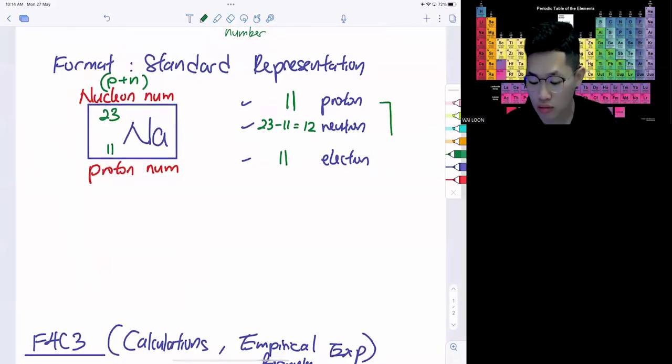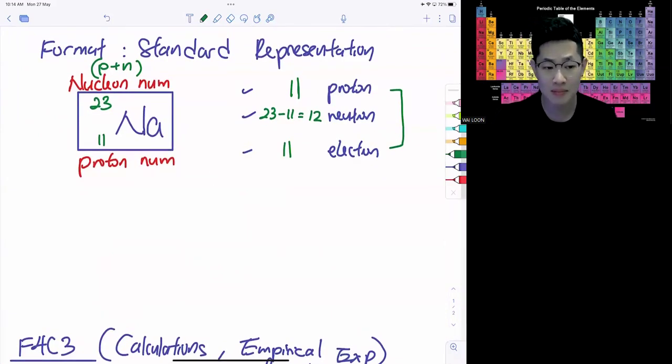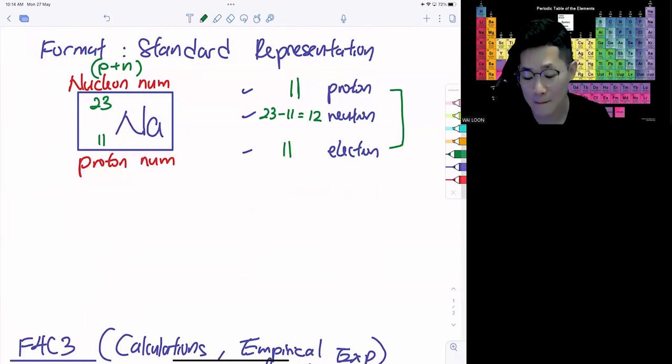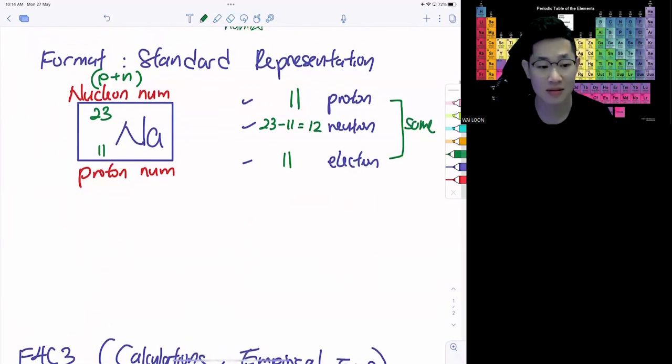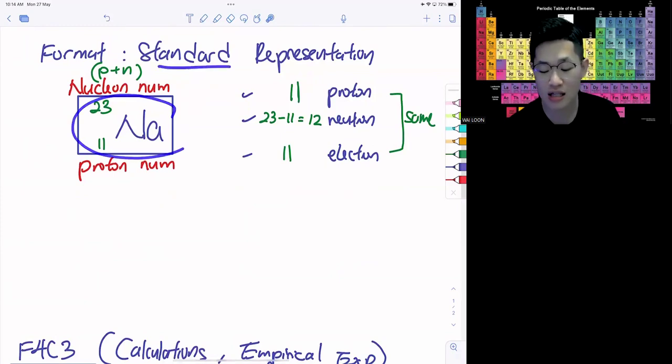Electron and proton in an atom will always be the same. So proton and electron, they're the same in an atom. Is that okay? You have to remember that this format is called standard representation.